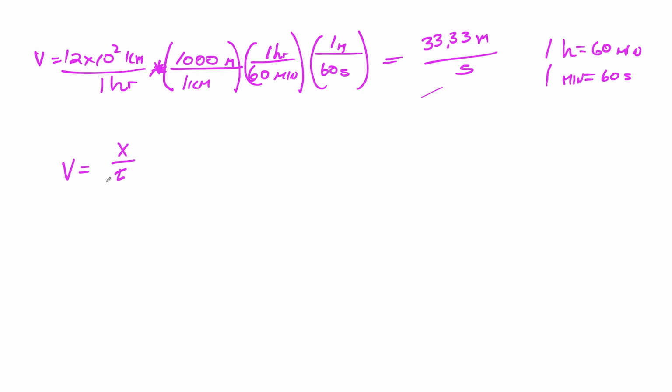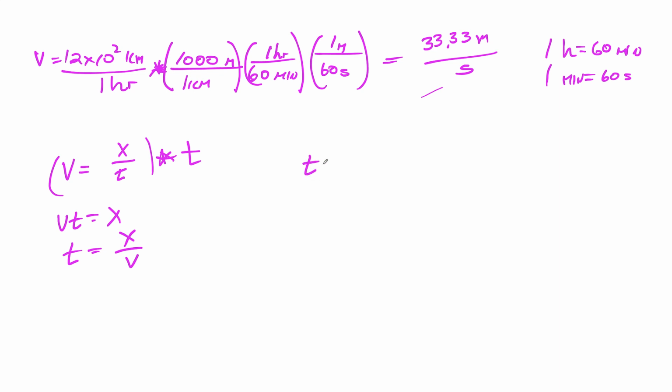I'm going to take t and move it over to the left by multiplying both sides by t. So v times t is equal to x. Remember, I'm multiplying both sides by t and distributing through. Then I'm going to divide by v. So time is equal to distance divided by velocity.